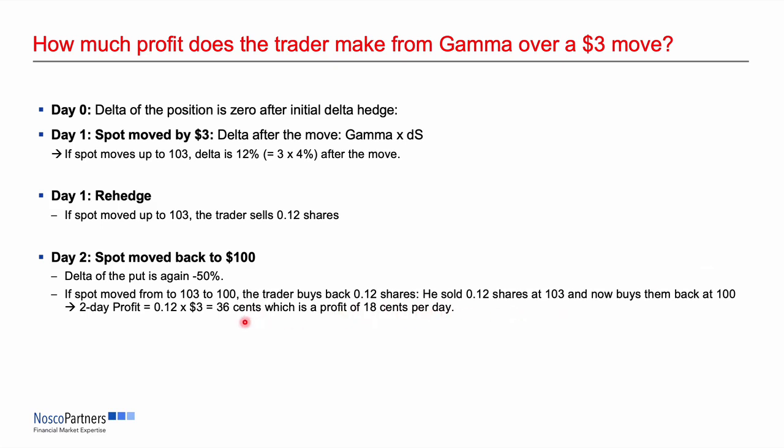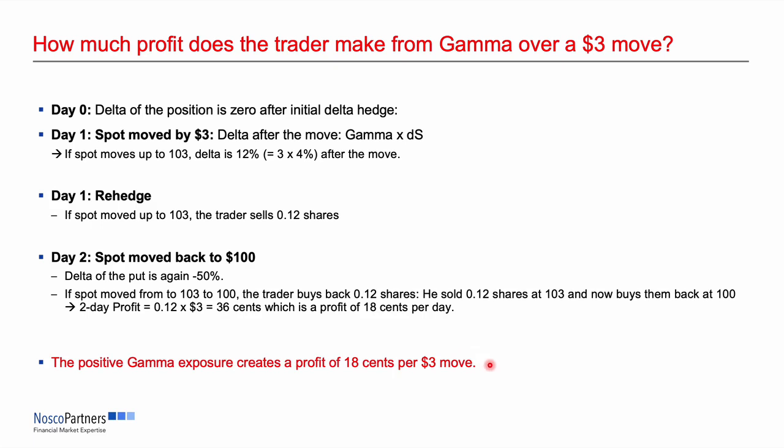This gives him a profit of 12% times $3, which is 36 cents. So over 2 days, the trader has a profit of 36 cents. That means per day a profit of 18 cents.